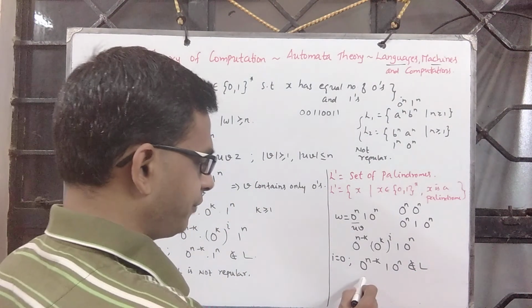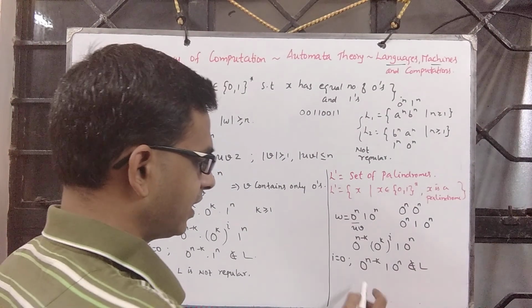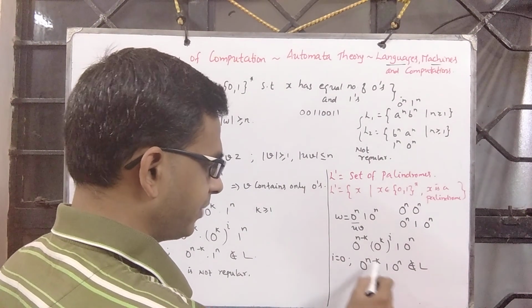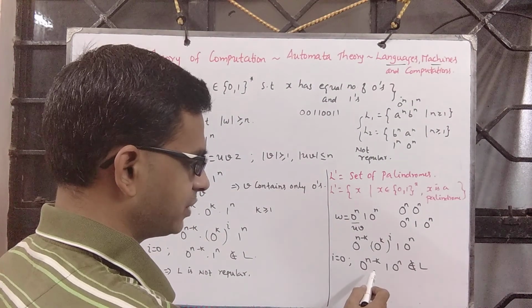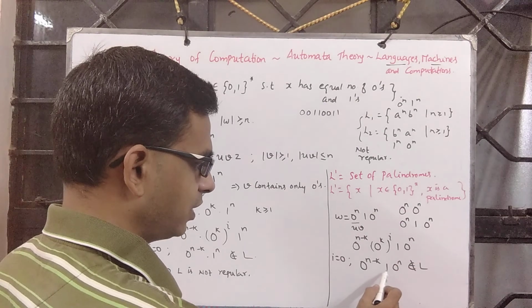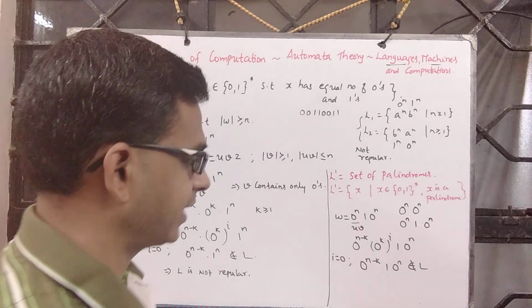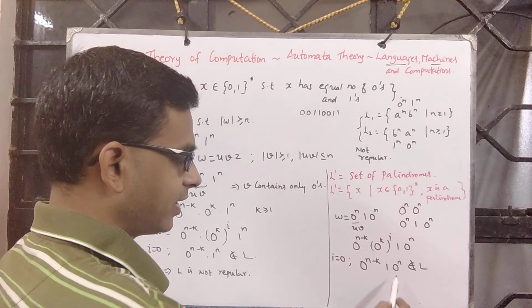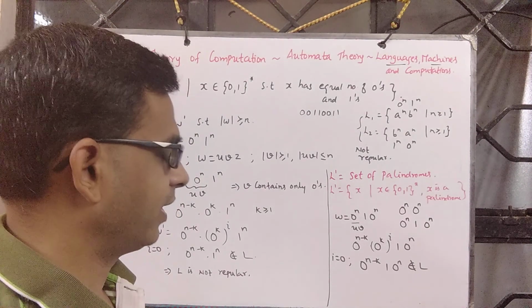Because if you read from this side, there will be n minus k, and k is at least 1, which means there will be at most n minus 1 zeros followed by 1. But if you read from the other side, there are n zeros followed by 1.